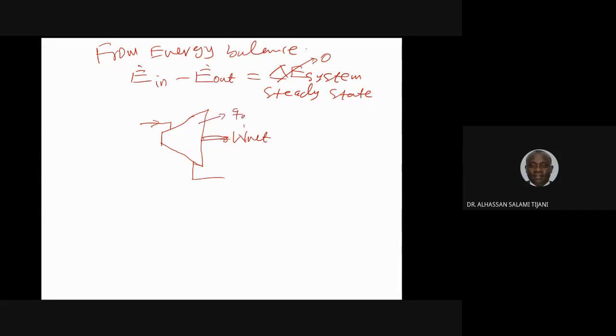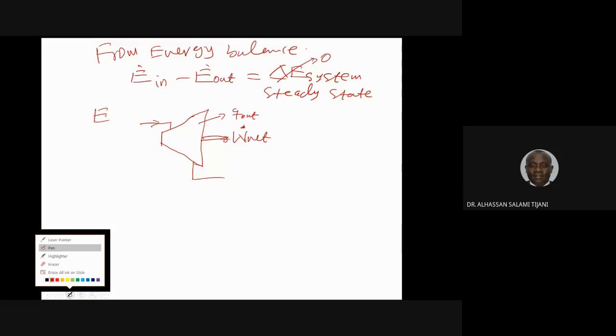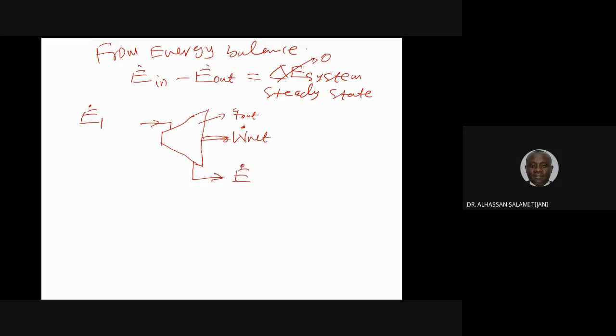Total amount of energy in. From the energy balance, we can write that the energy of the flowing fluid at the inlet is given by E1, and the energy of the flowing fluid at the exit is given by E2.